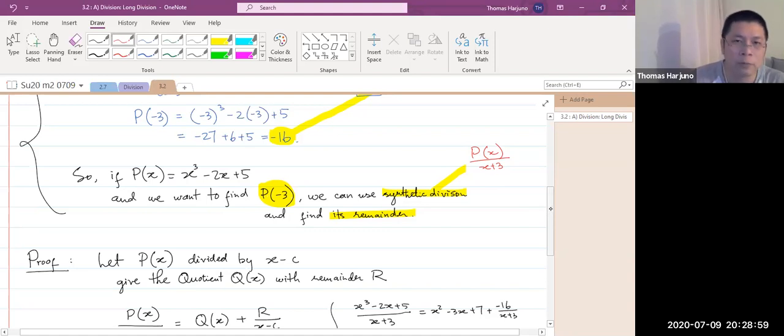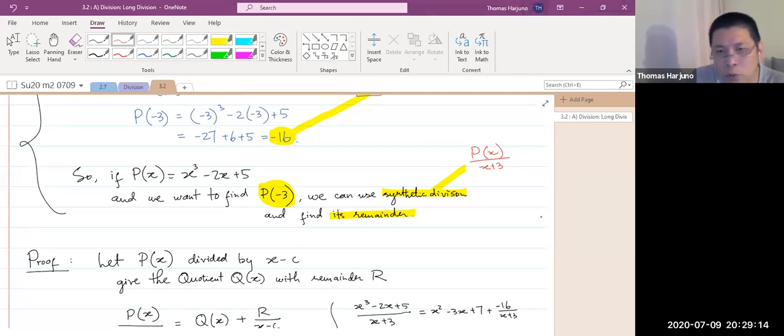Otherwise, of course, what happens if I cannot do it fast? If you cannot do polynomial synthetic division fast, I don't think you can do anything fast enough. It does take some practice, though. But if you tell yourself from the beginning that you cannot do it fast, then you basically set yourself to be a slow person.